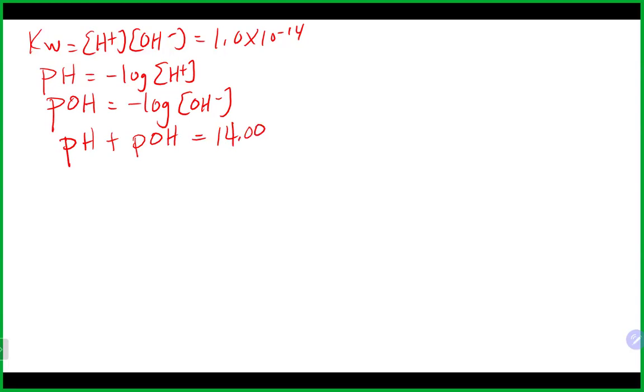A couple of things to add to this is if you actually have the pH, you could get the H plus concentration directly from it. You could get that H plus concentration by taking the inverse log of the negative pH. On most people's calculators, when you hit the inverse log, usually it pops up a 10 and a caret and negative pH.